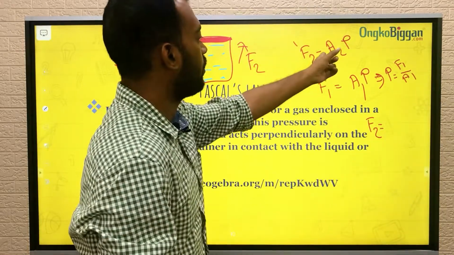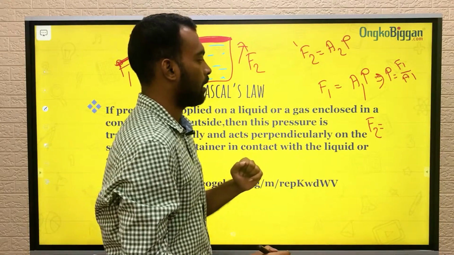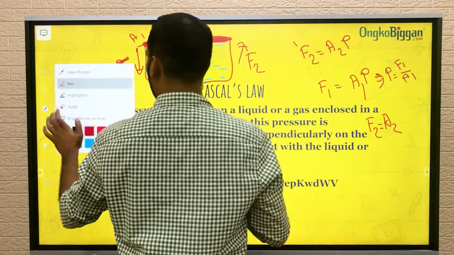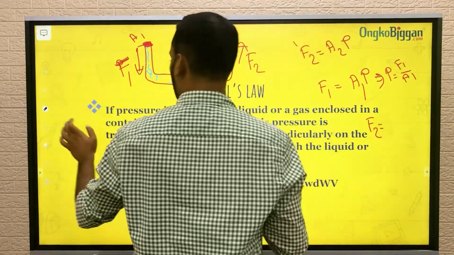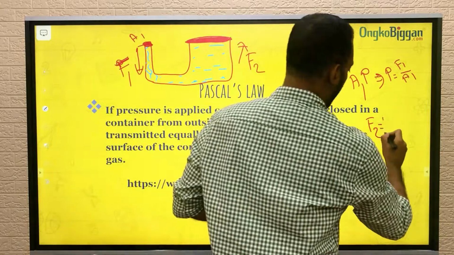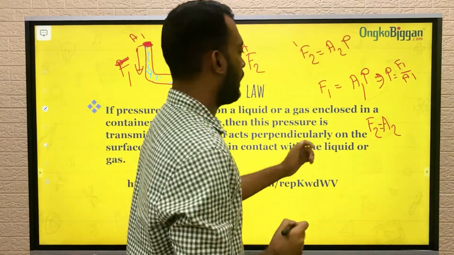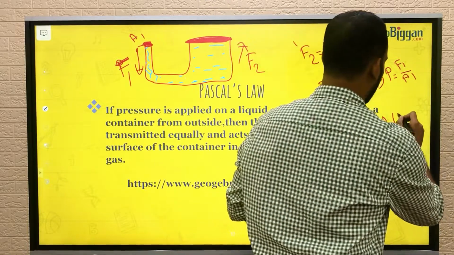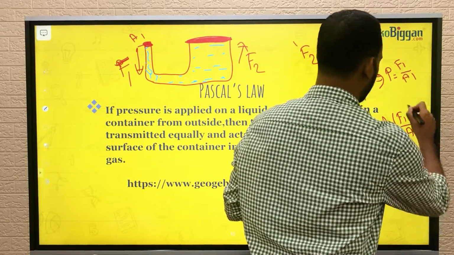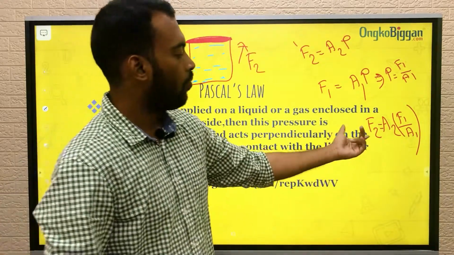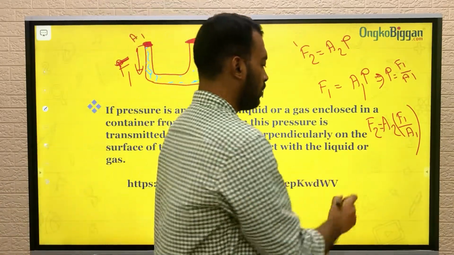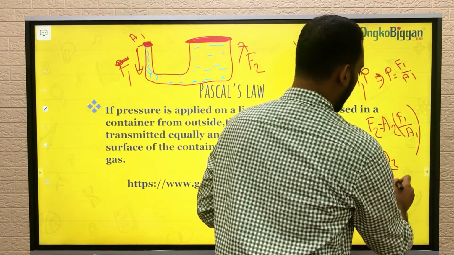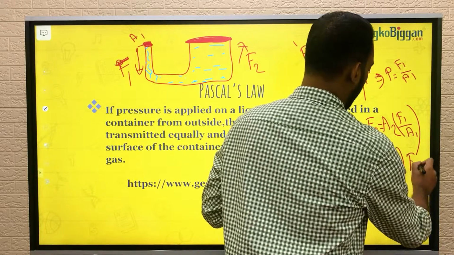Now F2 is equal to A2 P, so let's write this down: A2, and instead of P, I'm writing F1 by A1. So now my F2 is equal to A2 by A1 into F1.